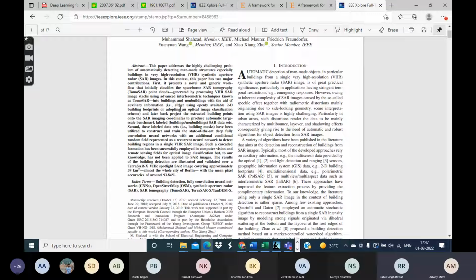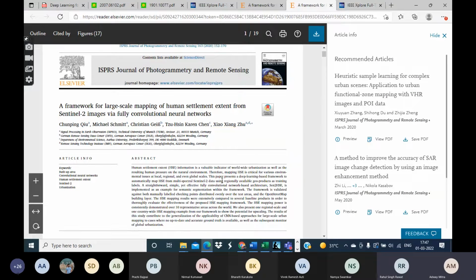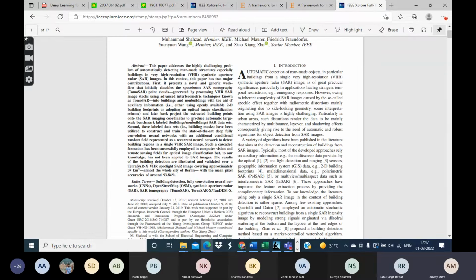They call this their first contribution: classifying into buildings and non-buildings with the aid of auxiliary information, either using openly available 2D building footprints or adopting an optical image classification scheme. Just like these guys talked about auxiliary data from other sources such as OpenStreetMaps, here also they are talking about other data sources.